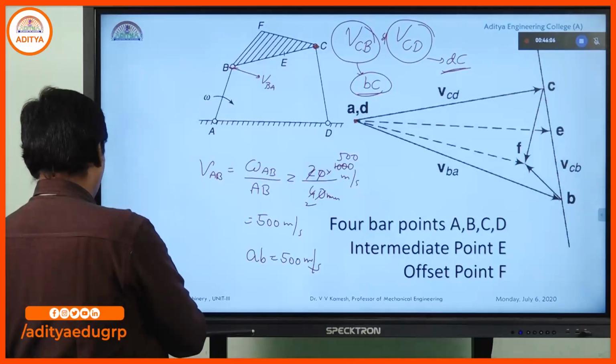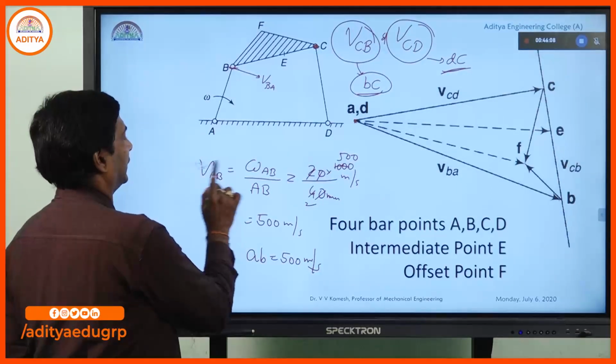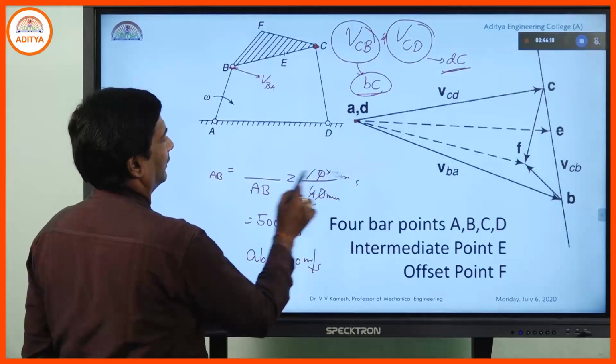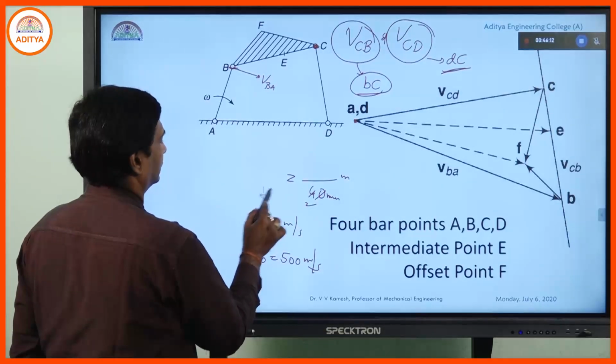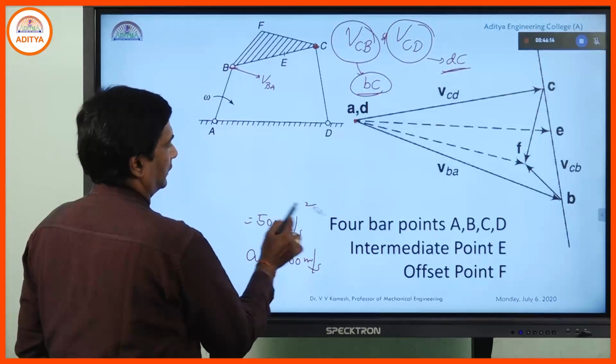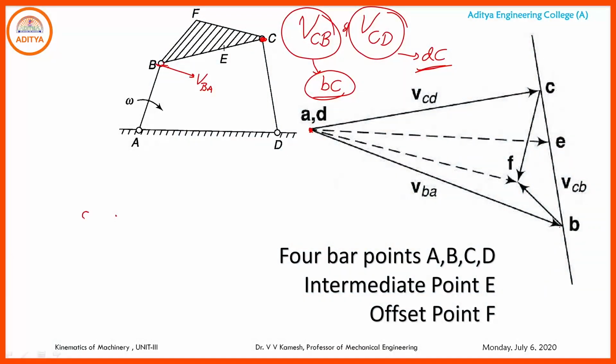So, from our calculation, already some parameters are available to us. Initially we are making A comma D. Parallel to this, we are making B. This is the velocity of B with respect to A.